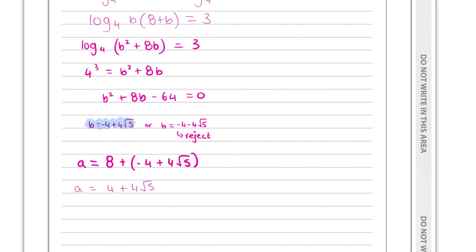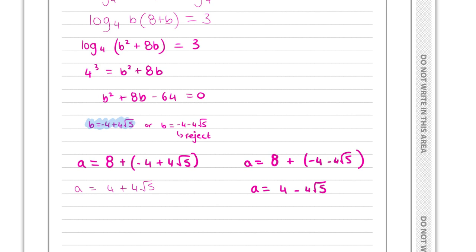Okay, when we put in the other one as well, the one we rejected, if a equals 8 plus minus 4 minus 4 root 5, I then get a equals 4 minus 4 root 5, don't I?